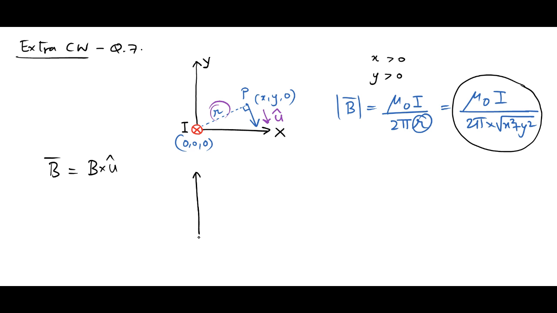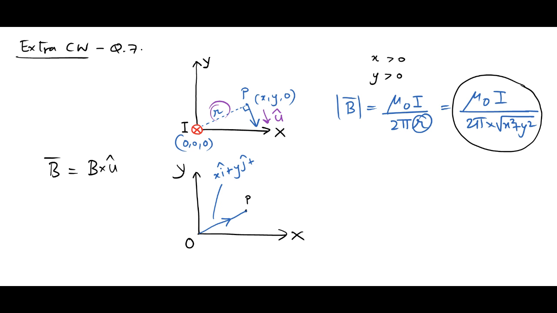So I'll redraw the diagram, and this time I won't show some unnecessary things. I'll just show point P, whose coordinates are x, y, 0, and I'll show the origin, and this vector OP bar is given by x i cap plus y j cap, and if you want you can write plus 0 k cap, but that's not needed.